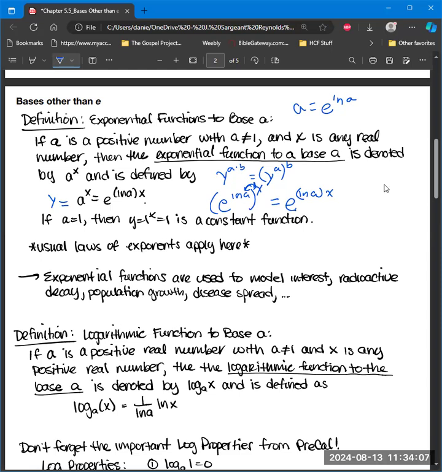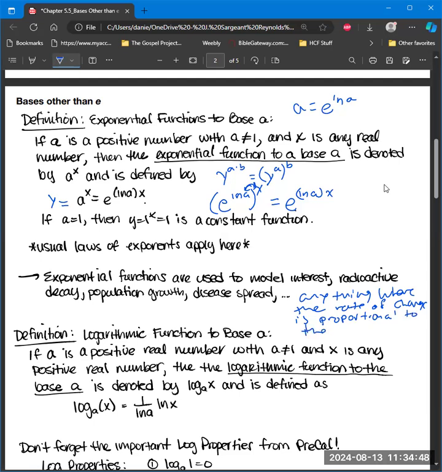All right, so exponential functions are used to model interest rates, radioactive decay, population growth, disease spread, anything where the rate of change is proportional to the amount present.